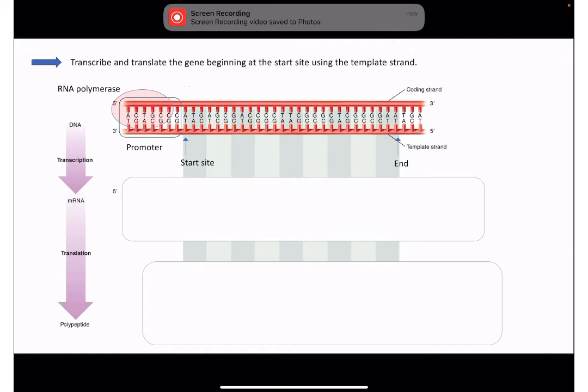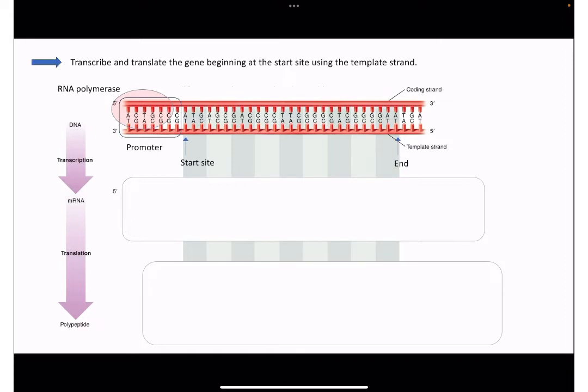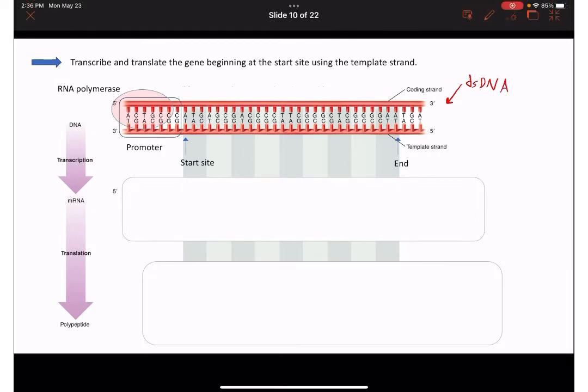And here's another example for you to do that with. This is your double-stranded DNA. And here's the template strand down below. Here's the RNA polymerase.